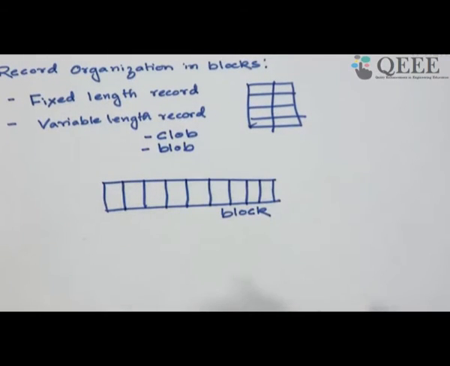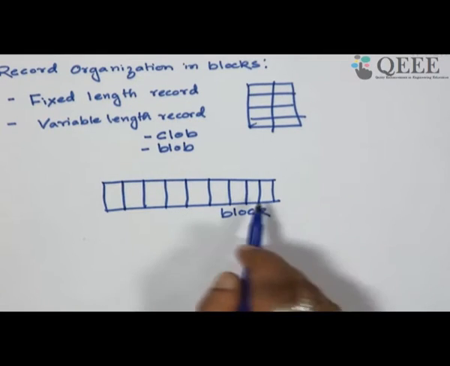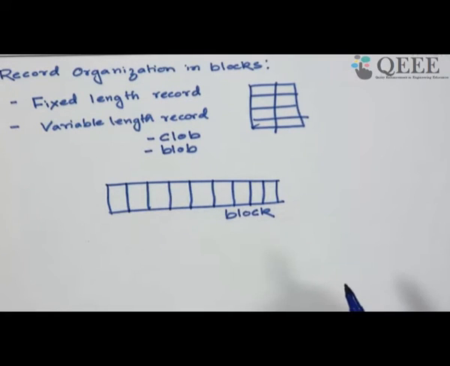The only thing to be taken care of is that one record, one row, one tuple doesn't get split into two blocks. The reason is that read and write are in units of blocks. So you read one block, so it should not be split, otherwise you will need two block reads to read a record. So this is very simple.